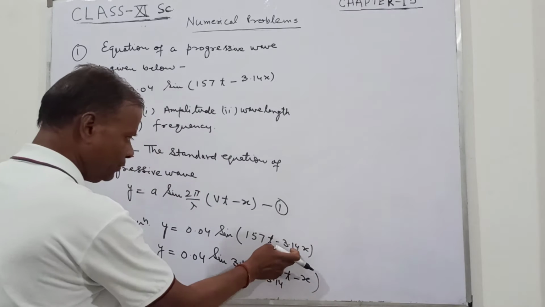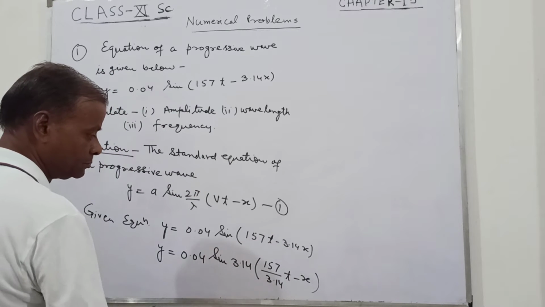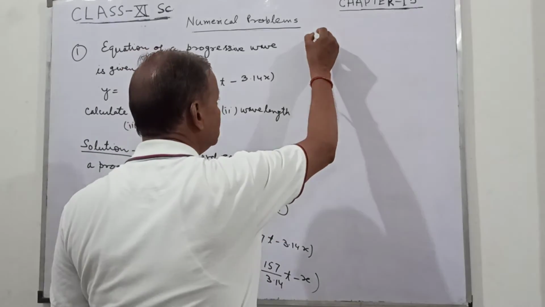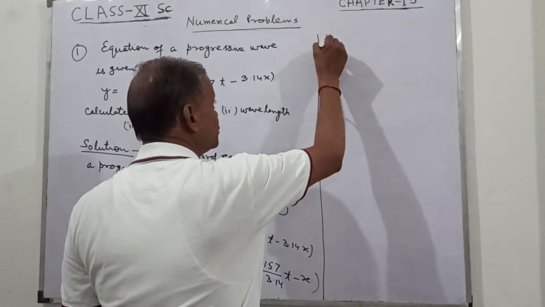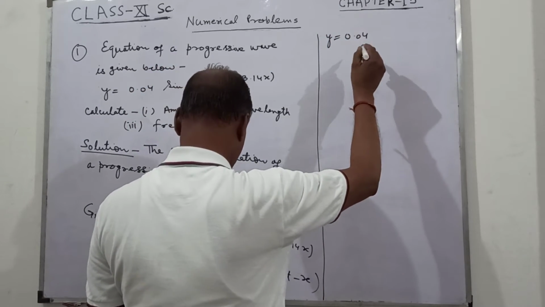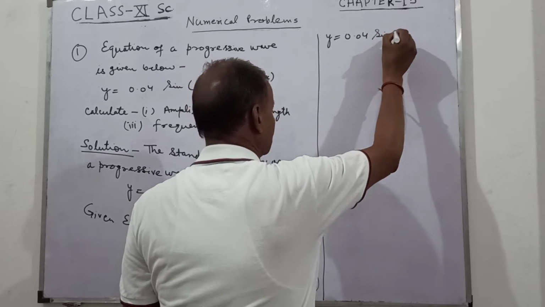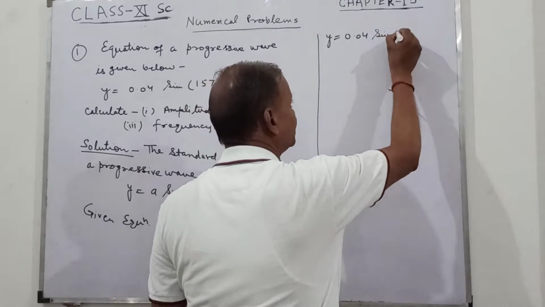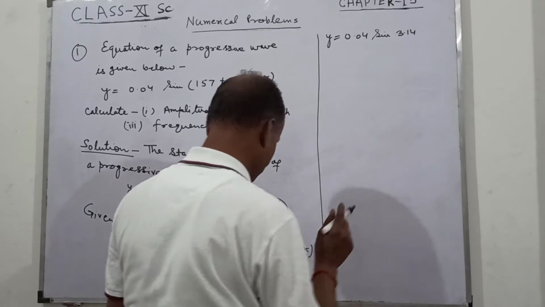We have made x free just by taking 3.14 common.